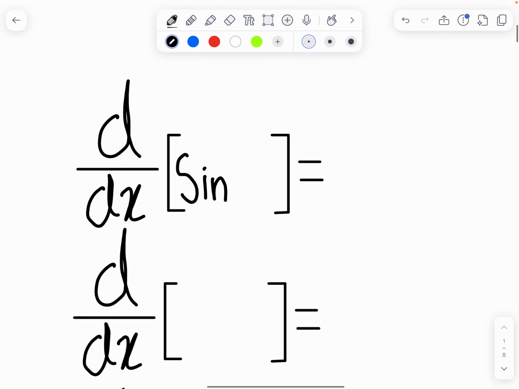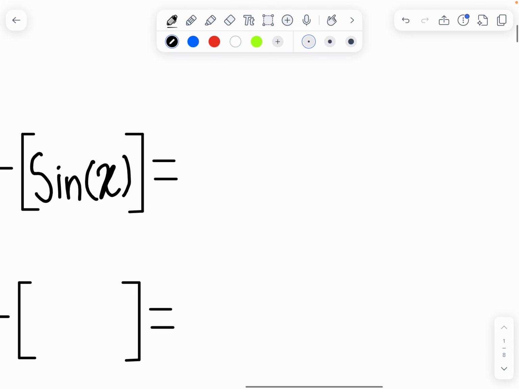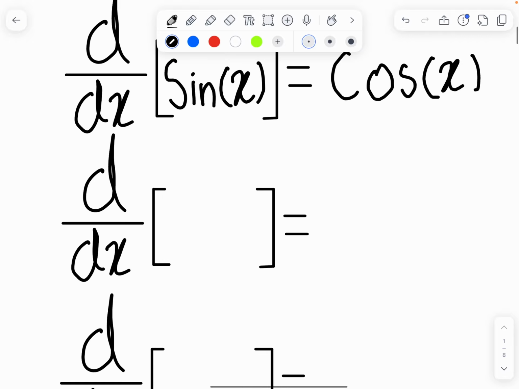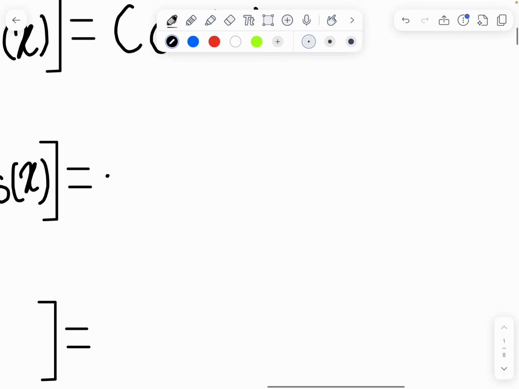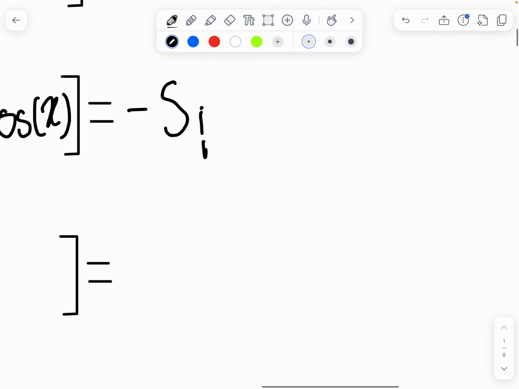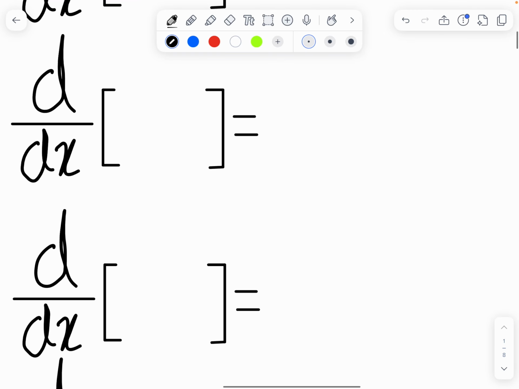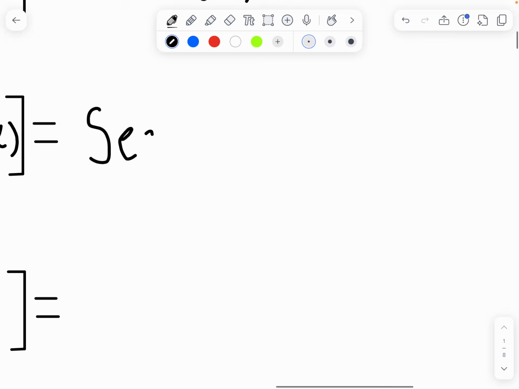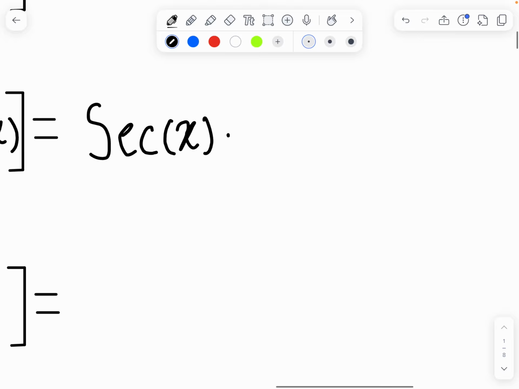So the derivative of sine of x is equal to cos x. The derivative of cos x is equal to negative sine x. The derivative of secant x is equal to secant x times tangent x.